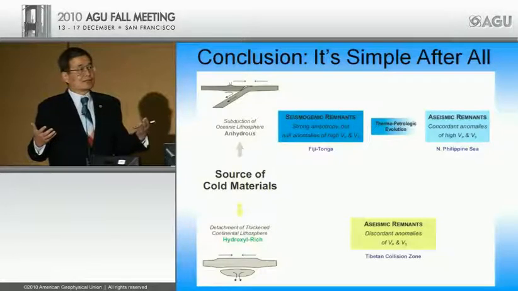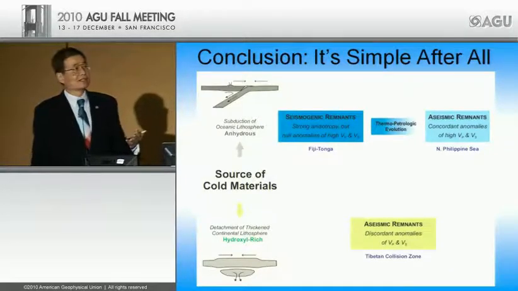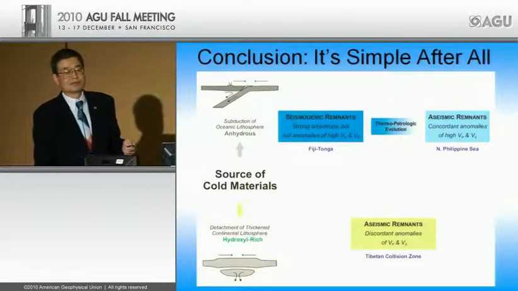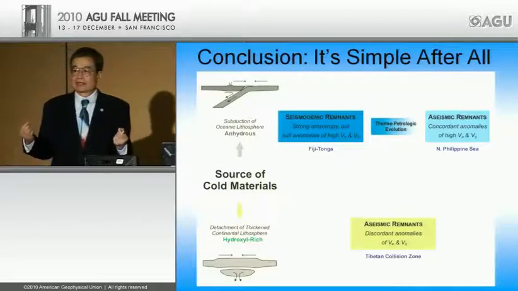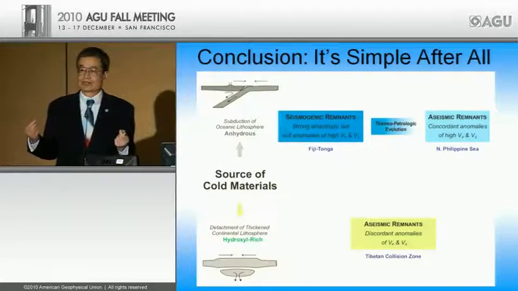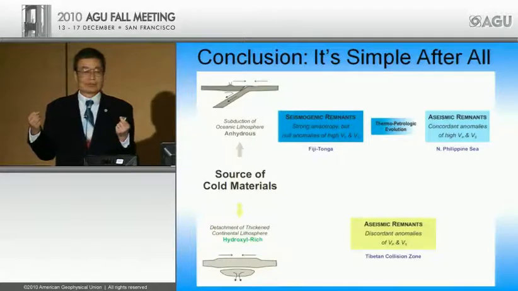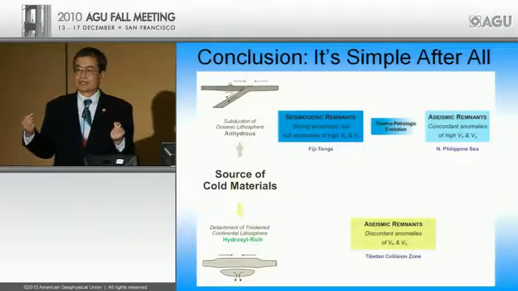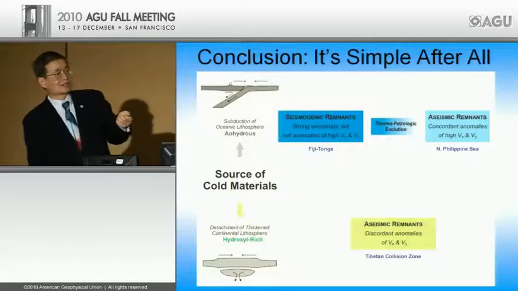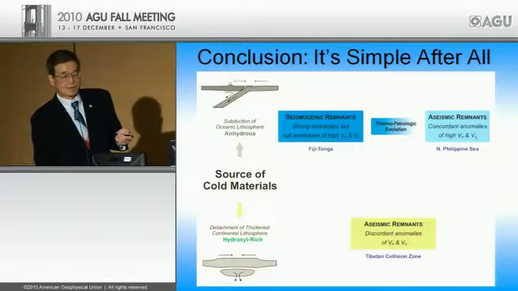So the story I'm trying to tell here is actually very simple. The key is that we have to recognize there are two different sources of bringing cold material into the transition zone. Let's start with the simple one. This is a continental collision, convective removal, hydroxyl-rich material here.